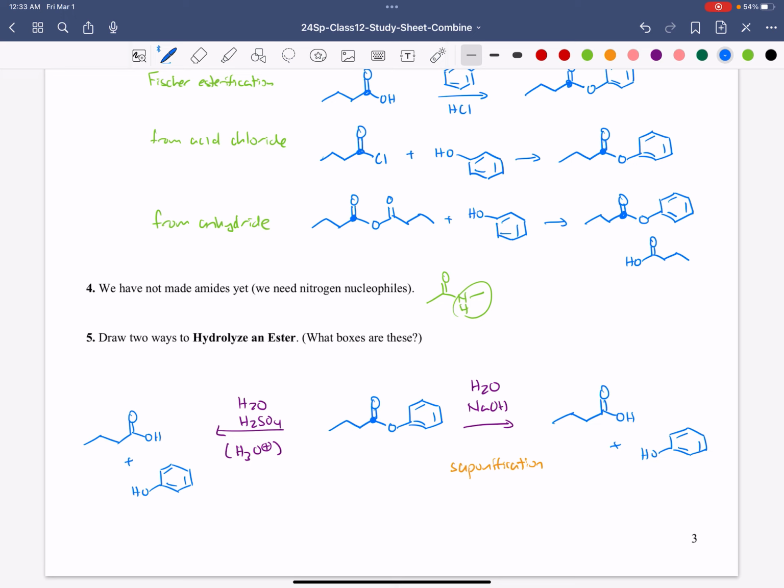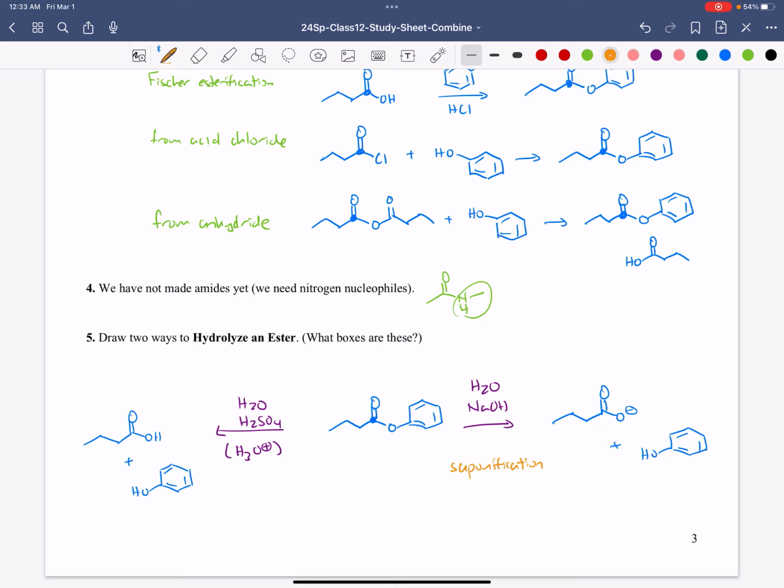Okay. Did anyone catch the mistake? You have an acid under basic conditions. Get rid of this. This is the O-, the carboxylate. With saponification, again, if you verbalize it, you won't forget it.